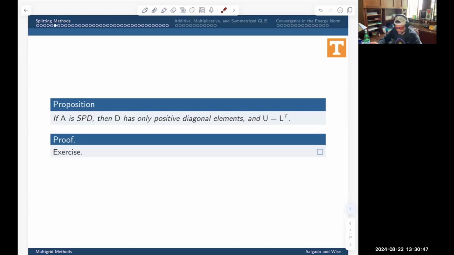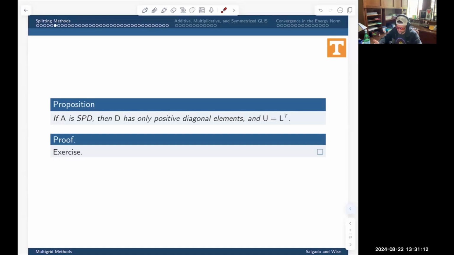That's an easy proof that follows from the assumption that A is SPD. The other fact is even simpler: the strictly upper triangular part is equal to the transpose of the strictly lower triangular part, just because of symmetry. So those are two basic facts that you get from splittings.